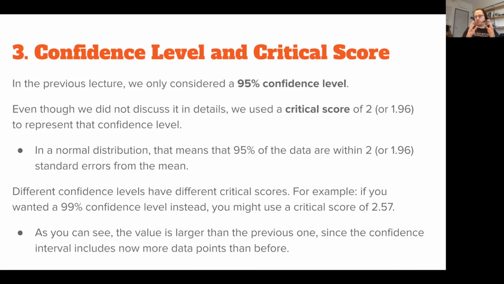So the right thing was to use the T instead. The difference between the T and the Z is that the T depends on the degrees of freedom, which basically means the size of your sample. So the size of the sample itself changes the shape of the confidence interval or the hypothesis test. The normal distribution kind of changes a little bit depending on the size of your sample.